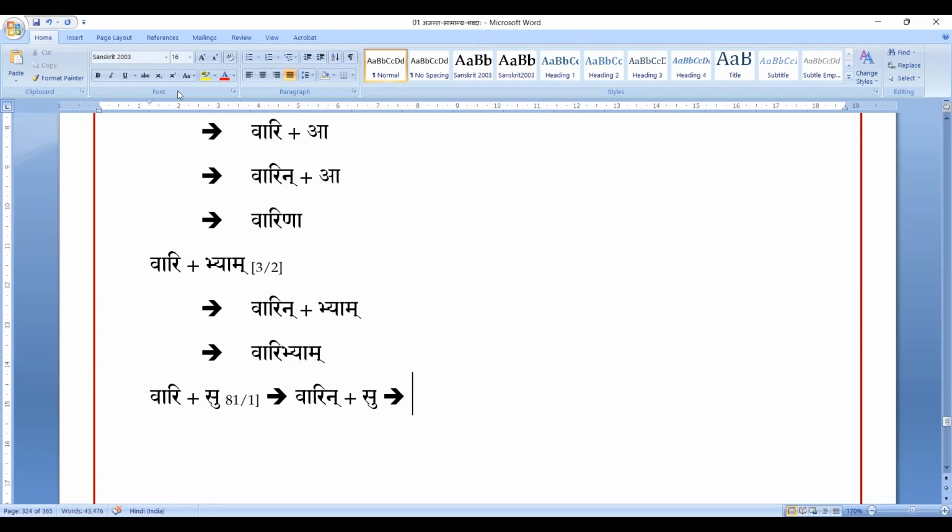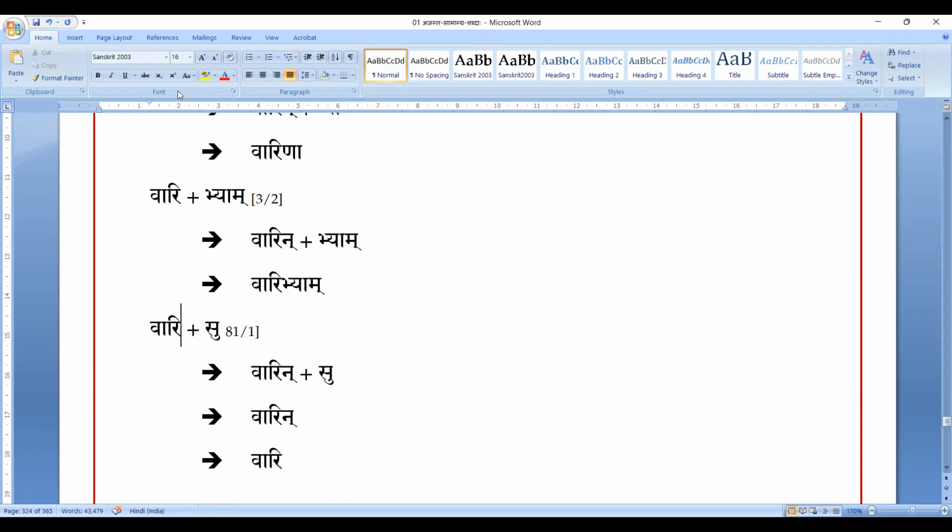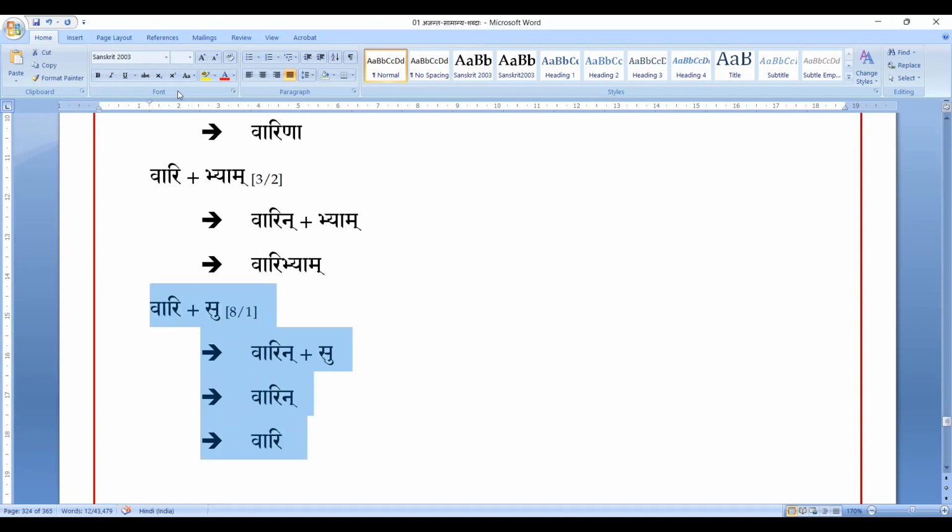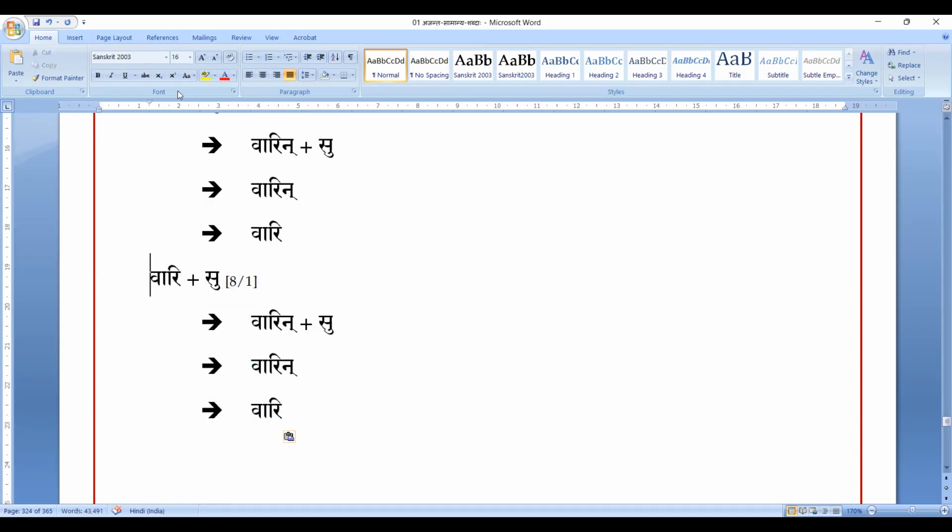Sumo Napumsakat, Lopa Bhavati, Varin, and it becomes Vari. This form anyway you get. But there is an alternate form for Sambodhana. For that we have another form, Vare. For that purpose, this Achi is there. Let us see here. We have another form. One.